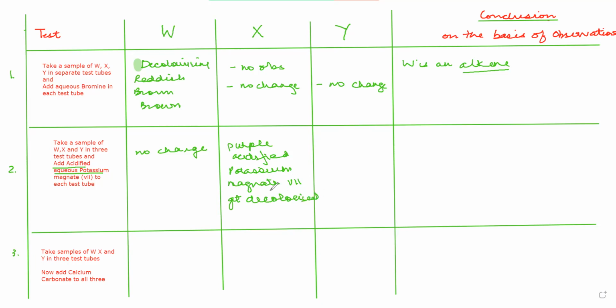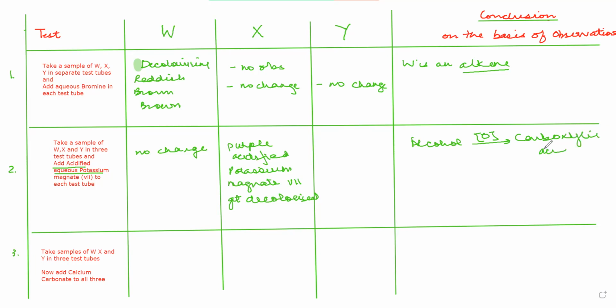So if this is a positive test, it shows that this substance is an alcohol. Alcohol basically gets oxidized by an oxidizing agent to give you a carboxylic acid.